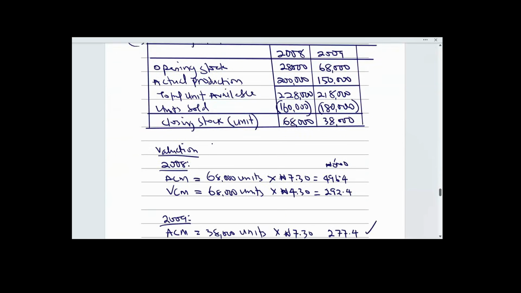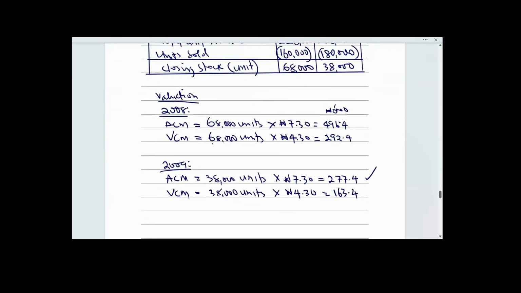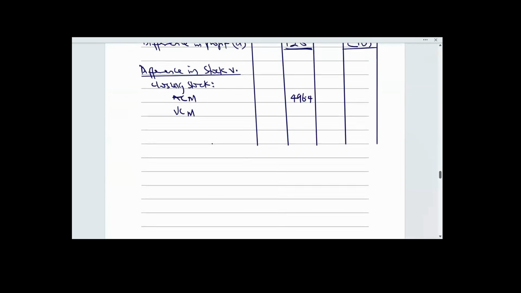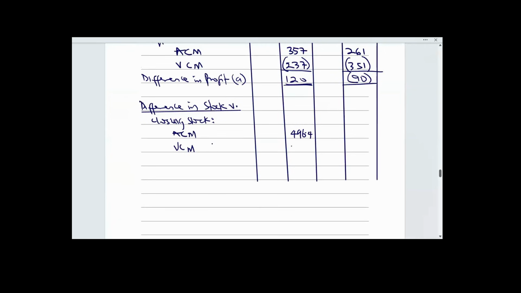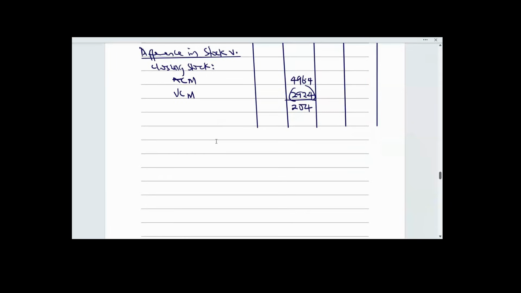Under the variable costing method, same period, 292.4. What's the difference? That should be 204. So the difference in closing stock is 204,000.